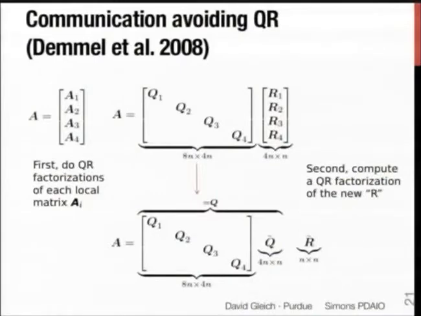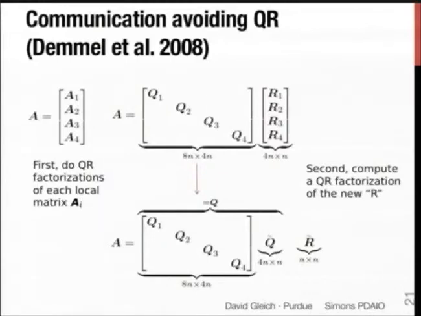What's the big idea? The big idea here is that if you do a QR iteration, it's a reduce operation. If I want to compute a QR factorization of the matrix A, and I had my matrix A in 4 blocks, then I can do local QRs of every block. I take A1, I do a QR, that gives me Q1 and R1.